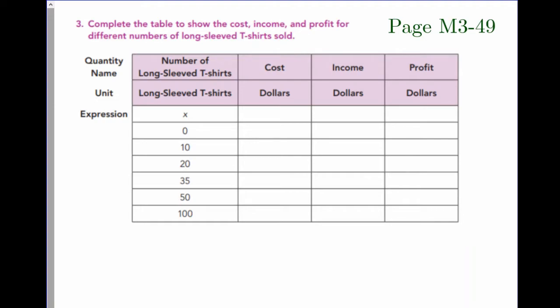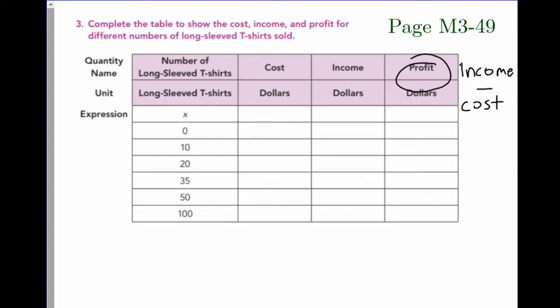It says complete the table shown with the cost and the income and then profit. The cost is what we have to pay, the income is what we get. Profit is, are we making money, are we losing money? So it's the difference, the subtraction of the income minus the cost.